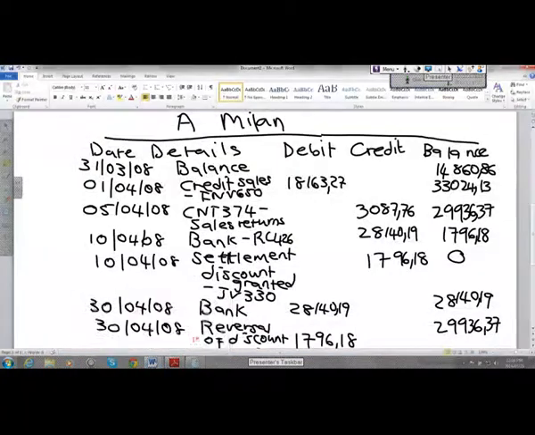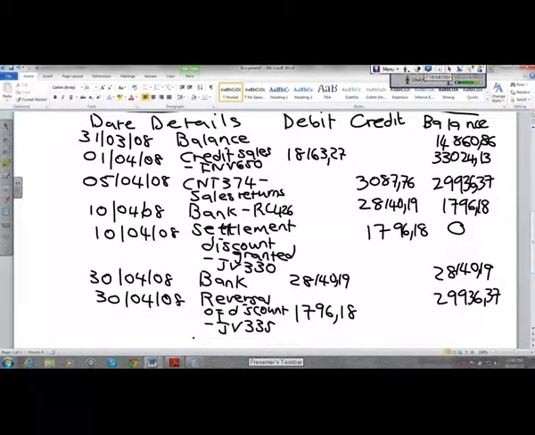The reason why we don't separate it is because when you are buying goods, say you're buying clothes from Edgar's on credit, they will give you an invoice showing that the selling price of the clothes without VAT is 1,000, plus VAT 140, and the invoice will say 1,140.